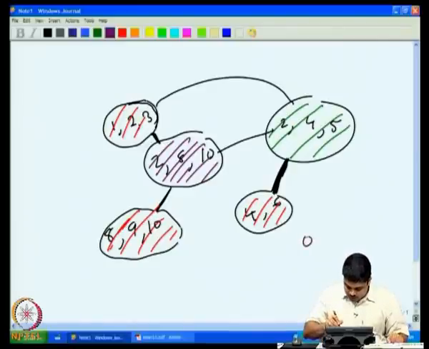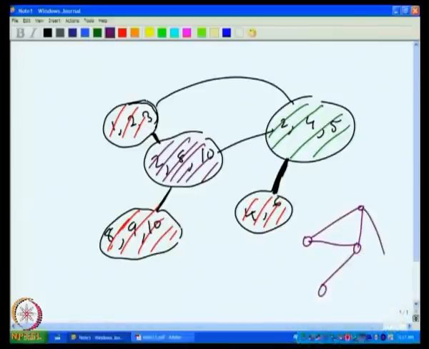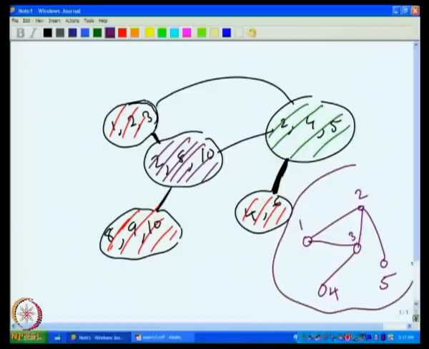Here for graph coloring, we could have drawn the graph more neatly like this. This is our graph.